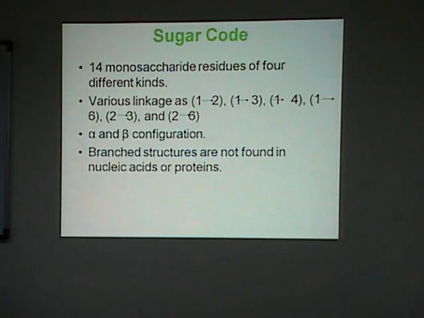In nucleic acids, nucleotides are in the form of a linear chain. There is no branching. But in carbohydrates, there is branching also. It means variation due to carbohydrates can be more in comparison to nucleic acid or protein.